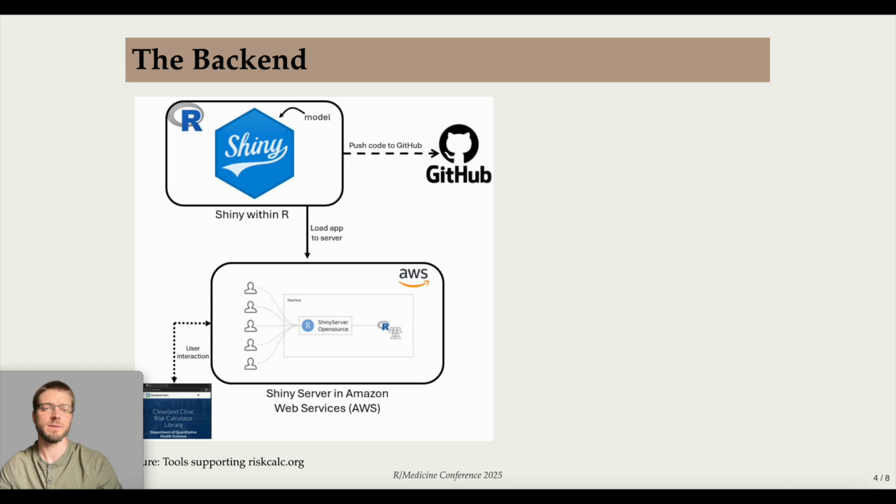But then we load our code up into an open source Shiny server that sits on AWS, and this is what you're actually interacting with when you're on riskcalc.org. The really nice thing about this setup is that it's a very low cost infrastructure. The only thing that incurs some cost is the compute needed for AWS, but otherwise we're using all these free and open source tools.